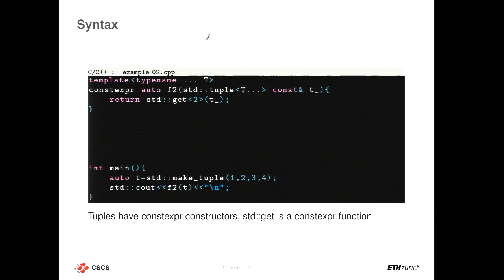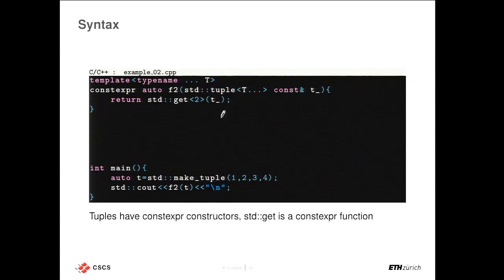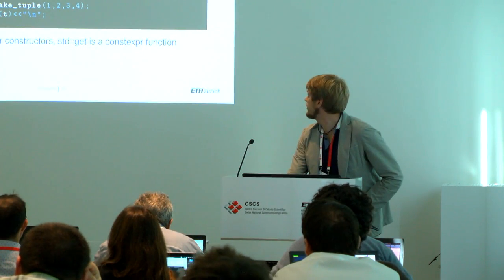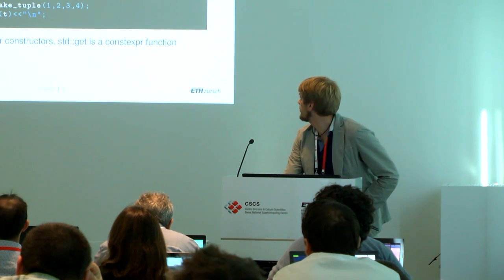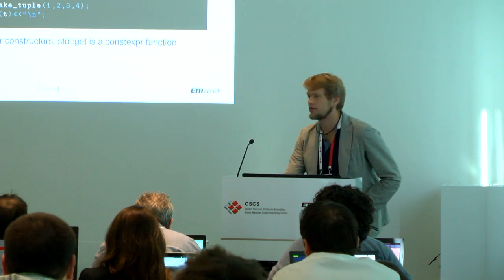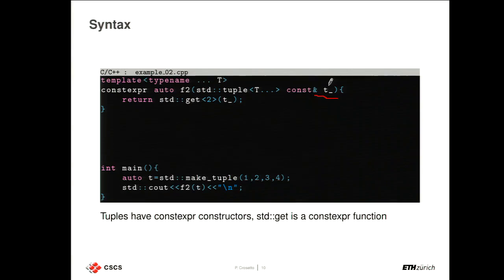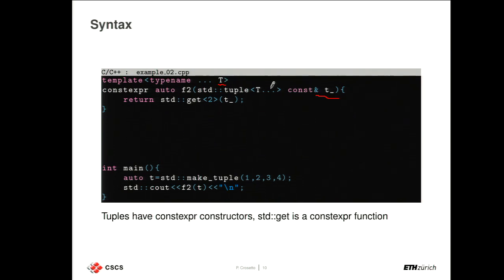The question was, what if this type is not a literal? The capital template T that you pass, some of the types are not literals. Yeah, in this case, it's not a literal type.